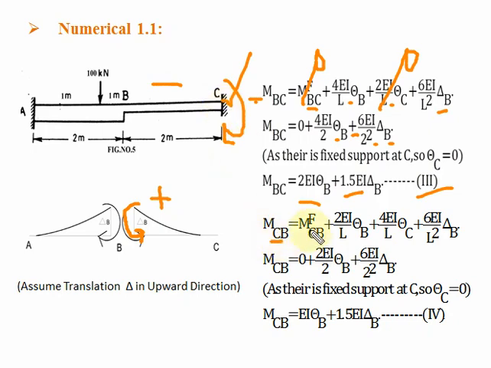So MCB is equal to MFCB plus 2 EI by L theta B plus 4 EI by L theta C plus 6 EI by L square into delta B. Now MFCB is 0, as no load, fixed end moment will be 0, 2 EI by 2 into theta B plus 6 EI by 2 square into delta B. So finally we have MCB is equal to EI theta B plus 1.5 EI delta B. Let's say equation number 4.